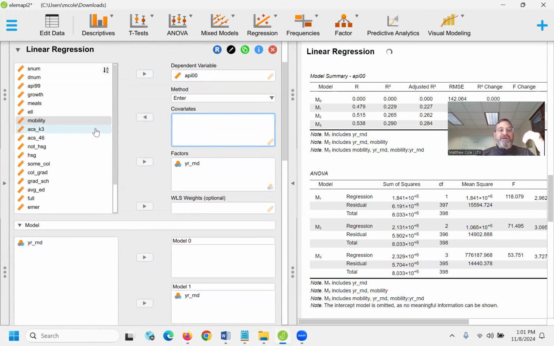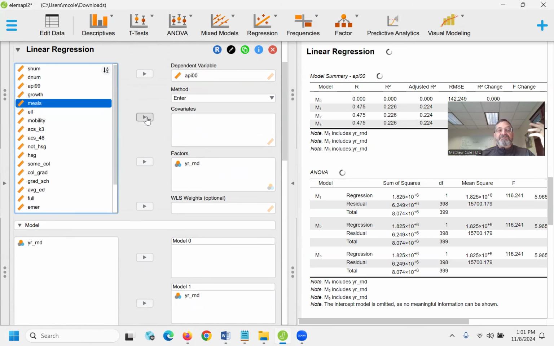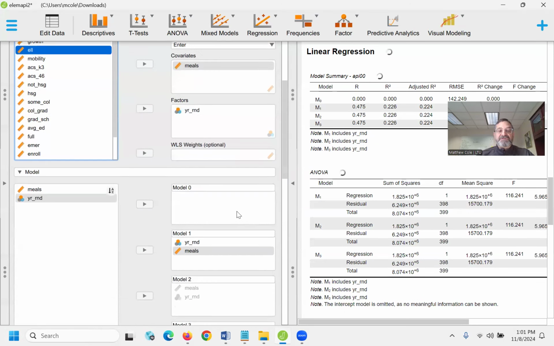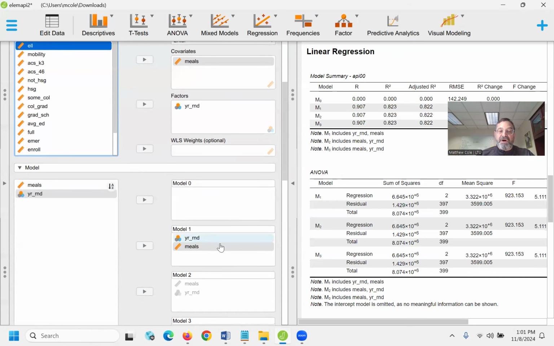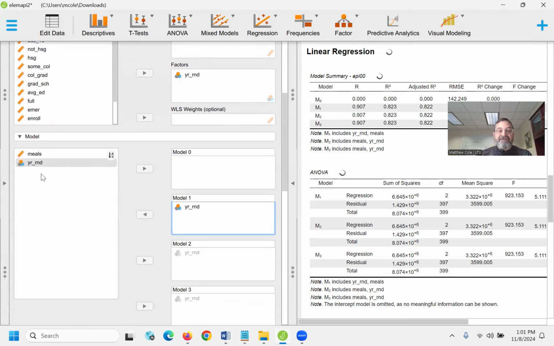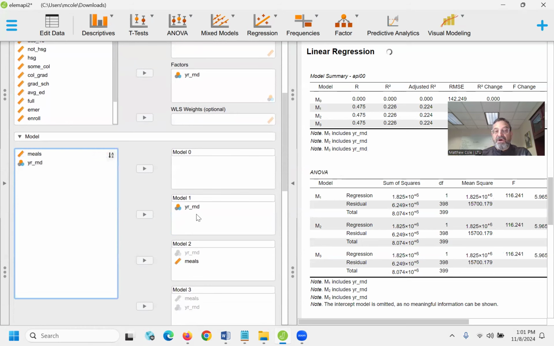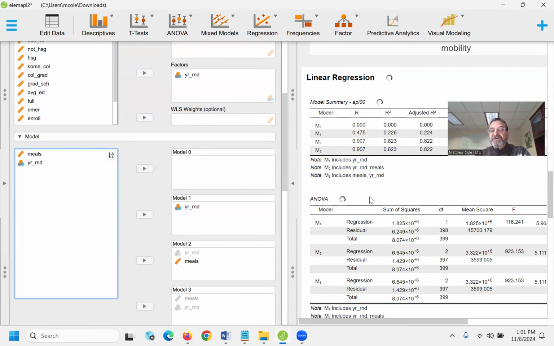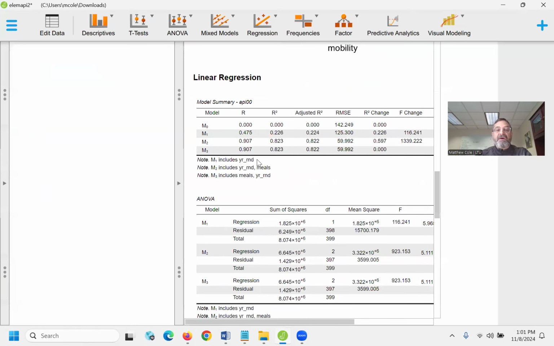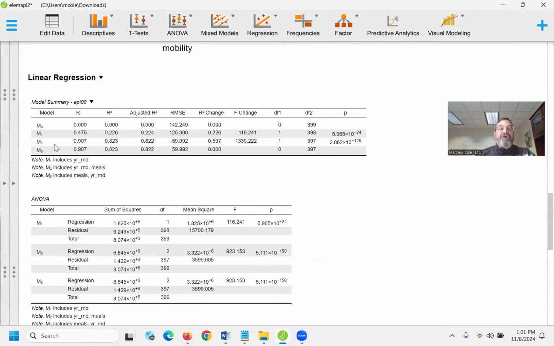Okay, so let's say that we tried another one, like meals, percent of schools that need meals. Well, again, we would want to make sure that year round is alone in a model. So by having year round alone in a model, subsequent models now are looking at the relative contribution of that predictor while controlling.